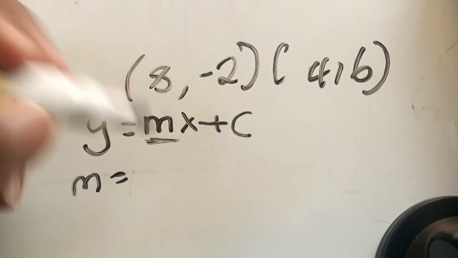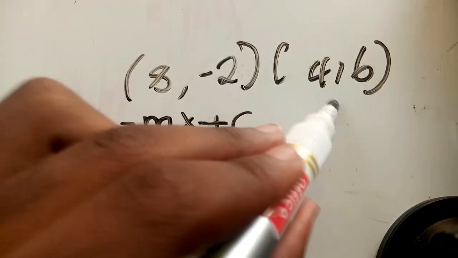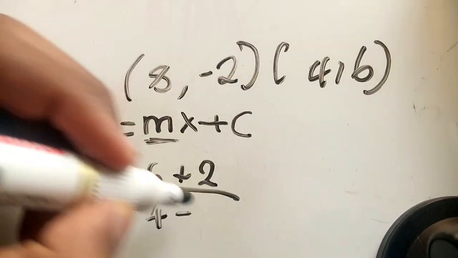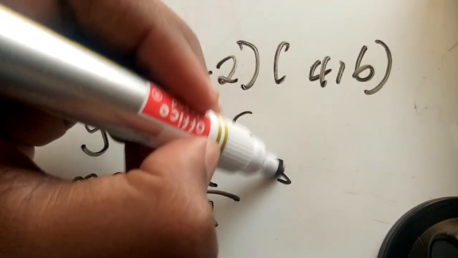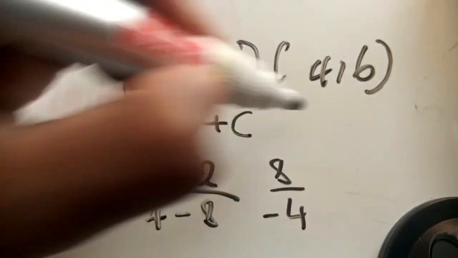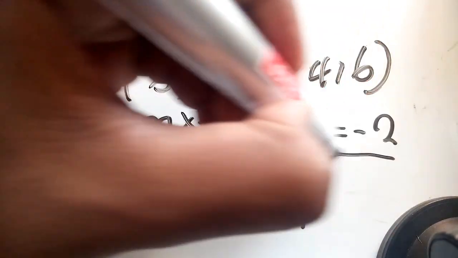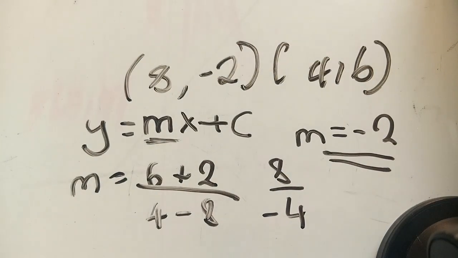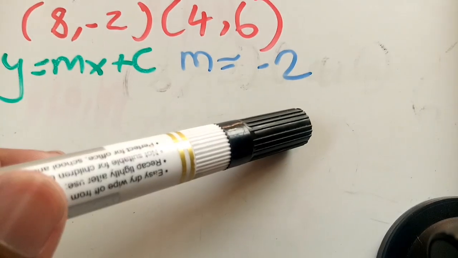So it will be 6 minus -2, which is 6 plus 2, over 4 minus 8. So 6 plus 2 is 8, and 4 minus 8 is -4. So our gradient is equal to -2.